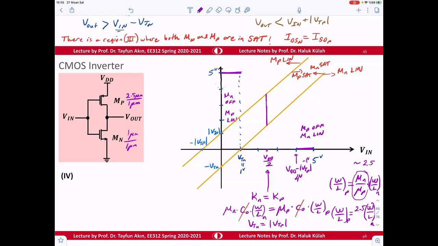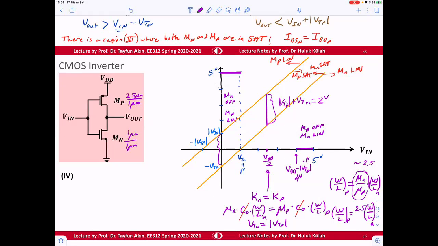This is a very nice result, and this difference is equal to this difference, and as you know, the difference is going to be equal to VTP plus VTN. So this is going to be 2 volts according to our definition.